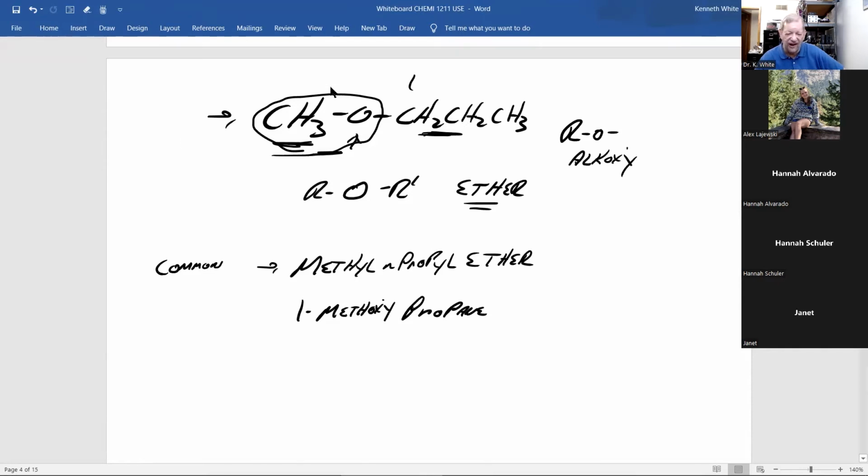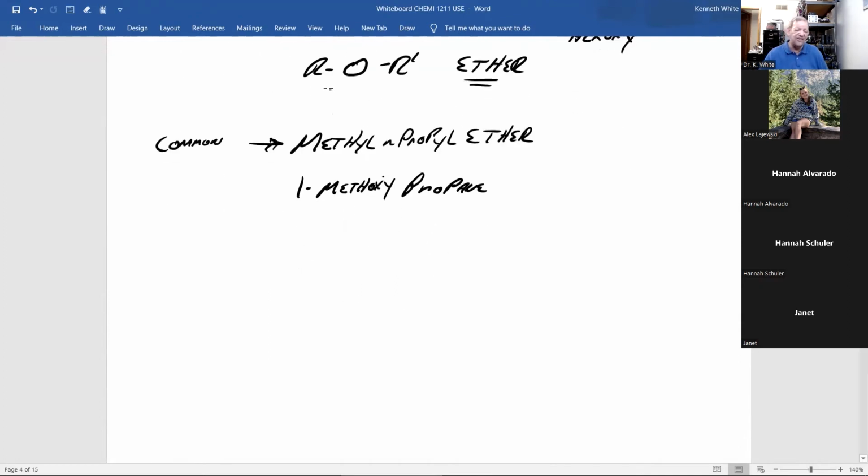Alkoxy, and this is methoxy. So that'd be 1-methoxypropane, which is why all chemists use common names, methyl propyl ether, unless you're writing legal documents like a patent or a contract. Then you use this. Even sometimes I've seen this still.